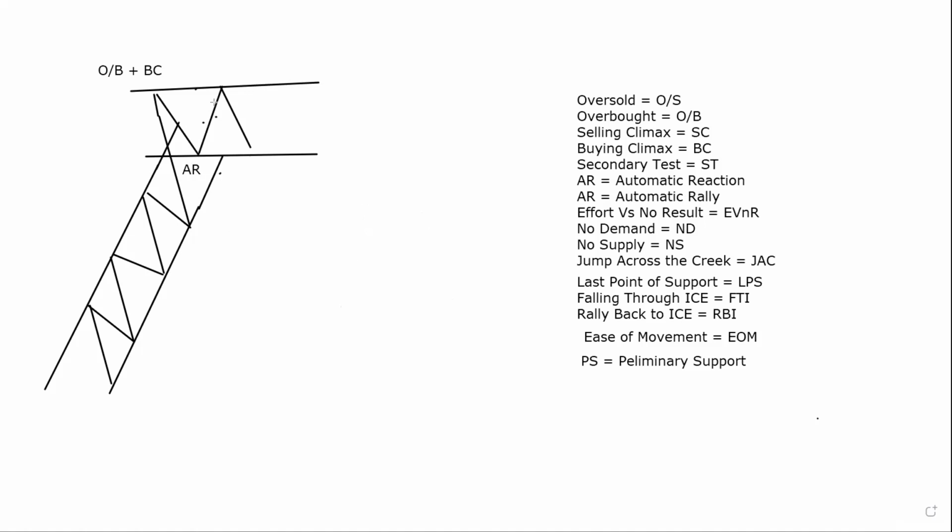After automatic reaction, what happened? The price will come and test this region. We will call it secondary test. After secondary test, what will happen? The secondary test can have three characteristics. It can be in the form of effort versus no result, or we have no demand.